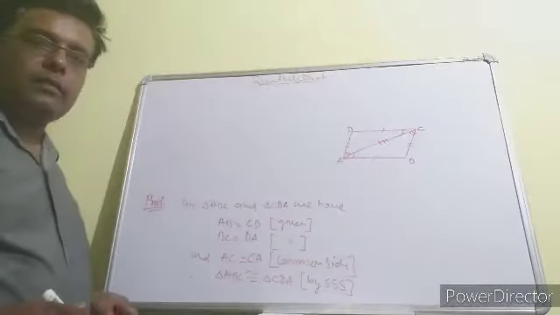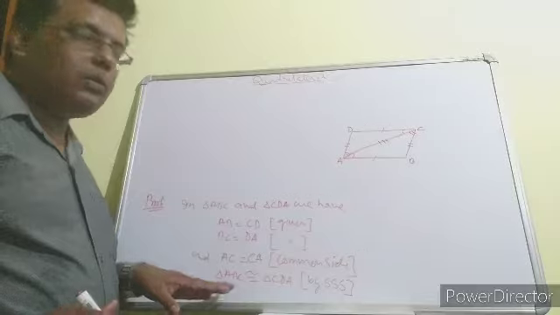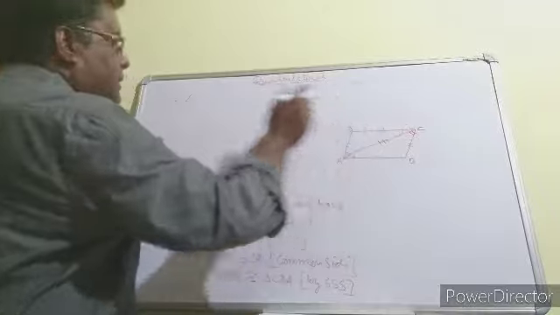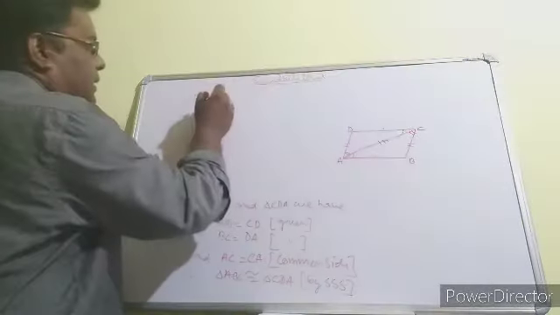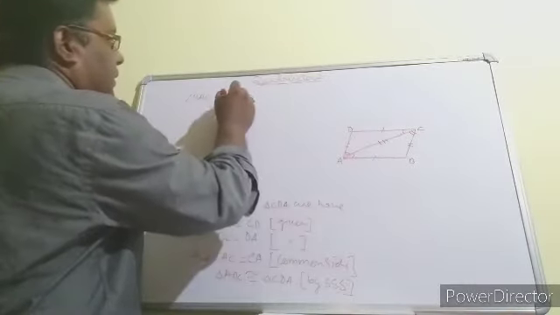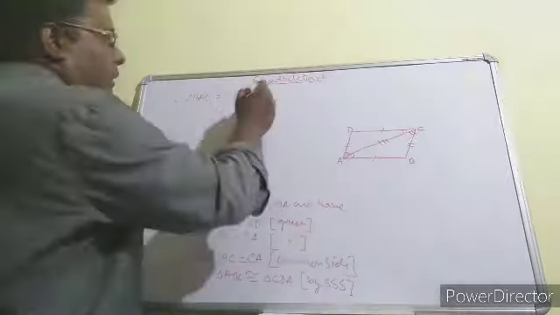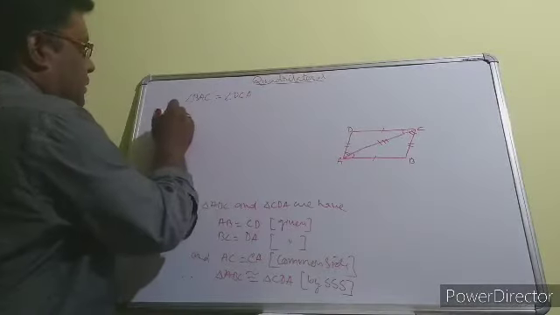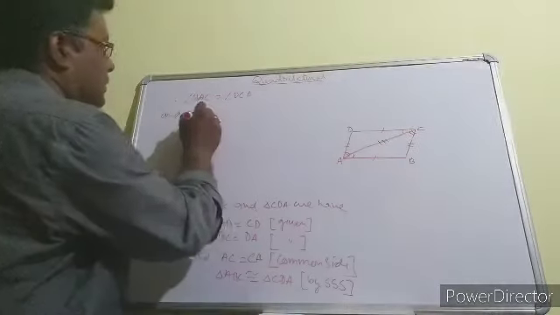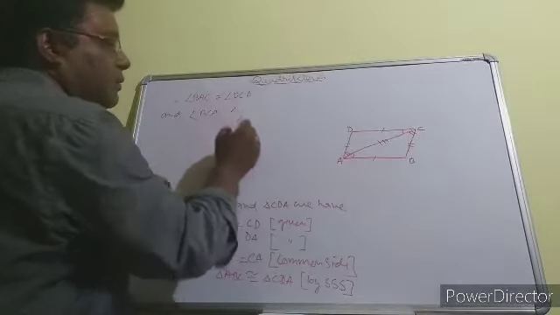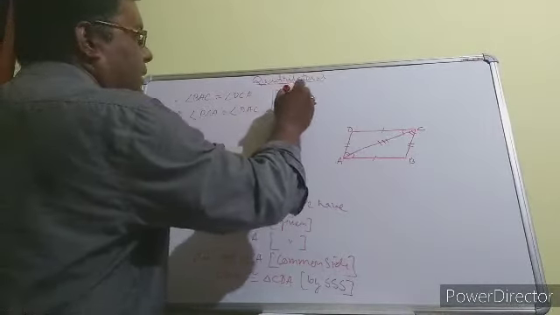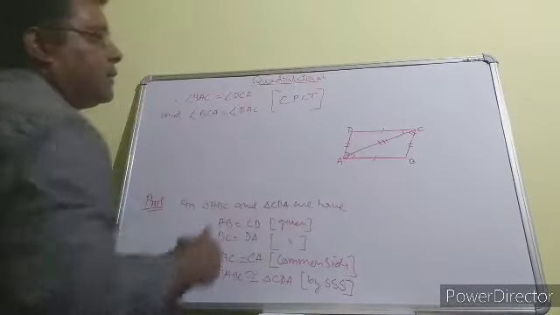Next, this is congruent. Therefore, angle BAC is equal to angle DCA, and angle BCA is equal to angle DAC, by CPCT.